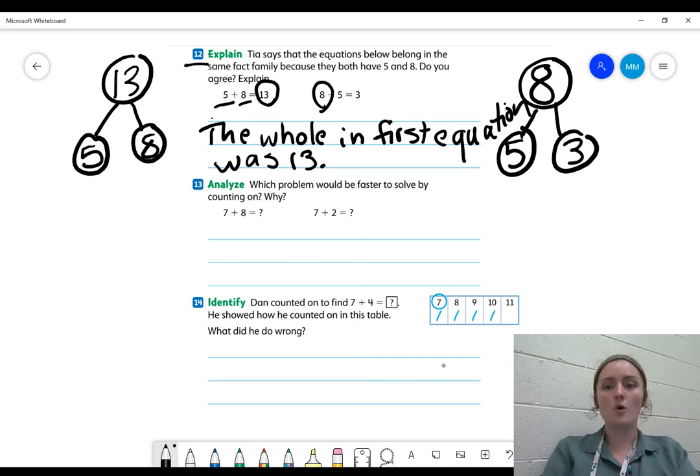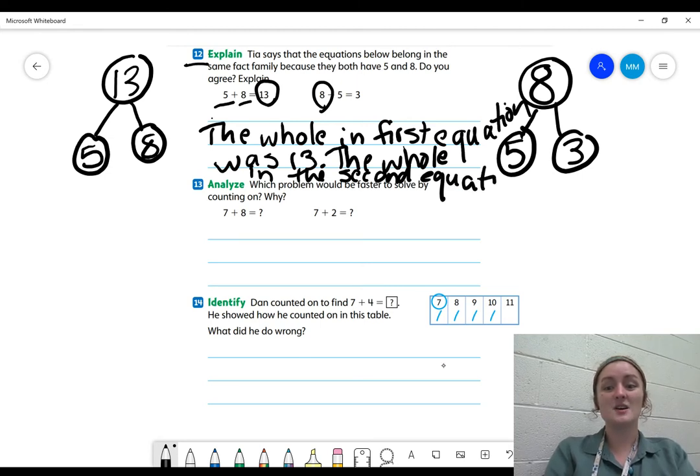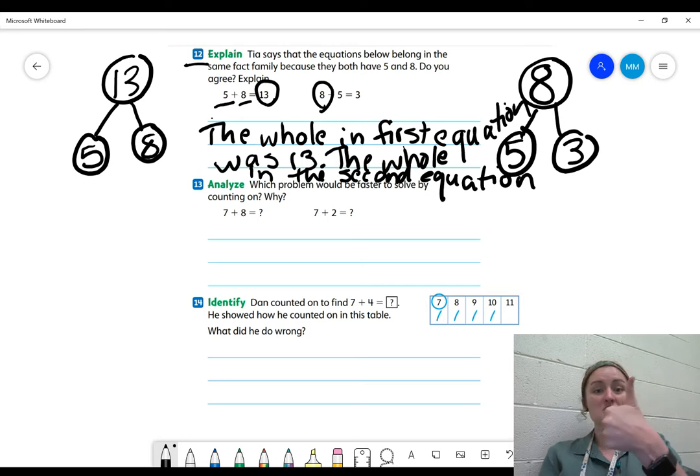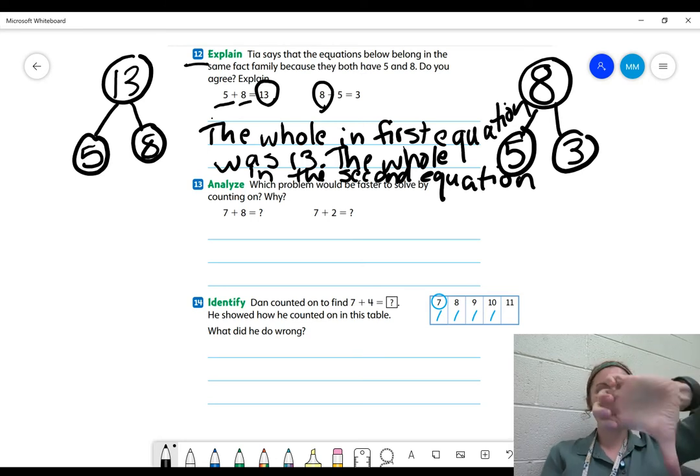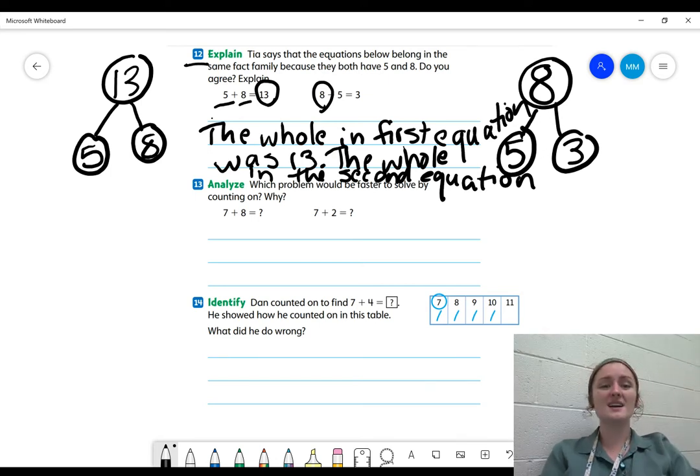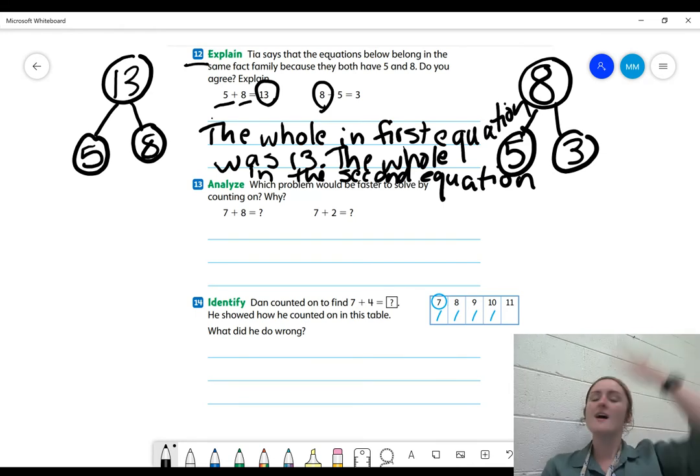What was the whole over here, in the second equation? 8. So give me a thumbs up. Was she correct? Do you agree? Or thumbs down, do you disagree? I think I disagree because their parts are different and their wholes are different. Kiss your brains. Let's keep going.